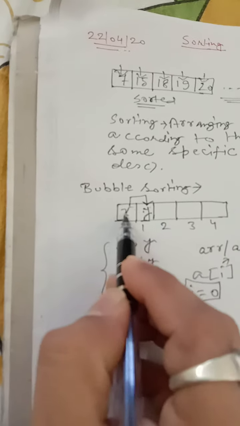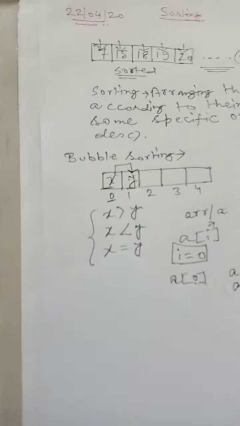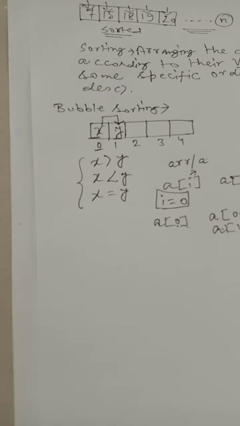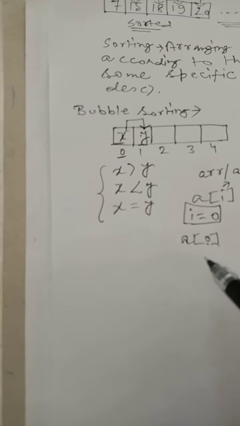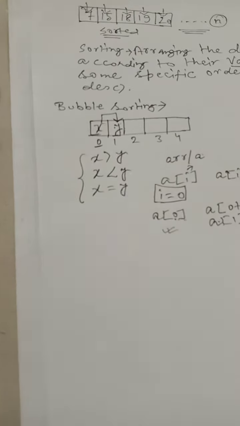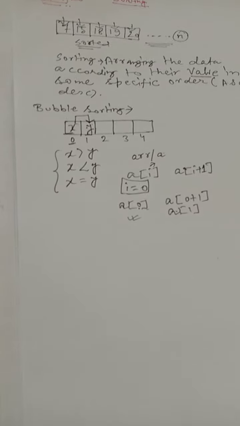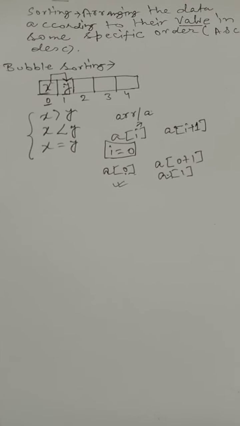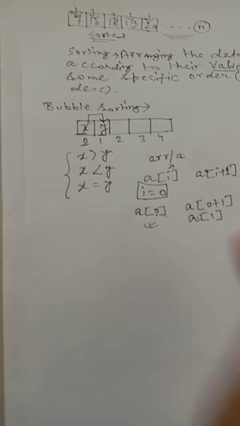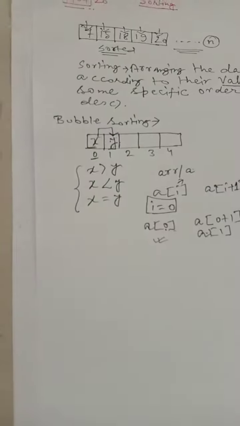That means this will be immediately compared with this one. After this comparison, if the conditional comparison allows it, whether this comparison is right or wrong, whatever it may be, that will be explained later on in the subsequent sessions of this lecture. If that allows, then this data will be exchanged.